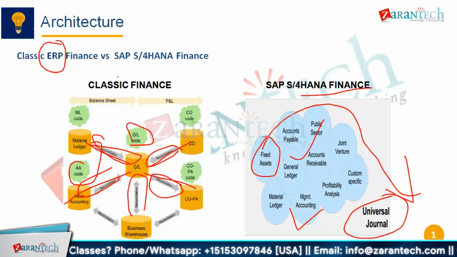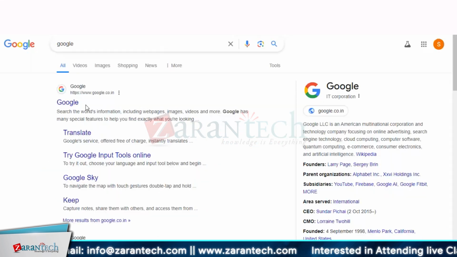So this reconciliation of the general ledger with subledgers, asset accounting, all those are called subledgers, is no longer required. If you recall, we used to have a transaction called ABST, and later ABST2.